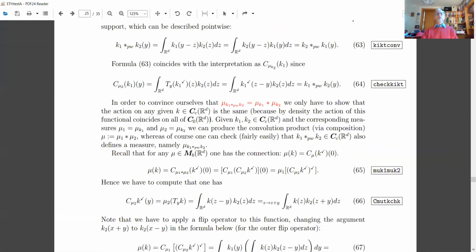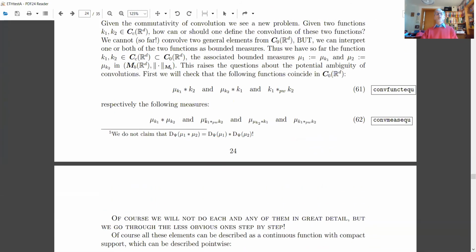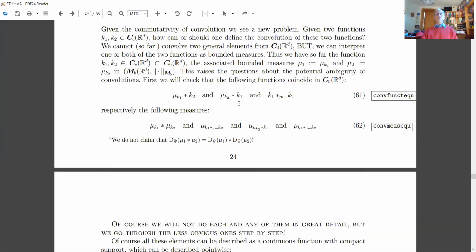So we have now, in a nutshell, tried to concentrate on different ways of taking functions, convolving them either by turning one of them into a measure and applying the action of a system with a density to a test function, or do a pointwise integration, or turn both into measures and compose them, all these concepts are the same.